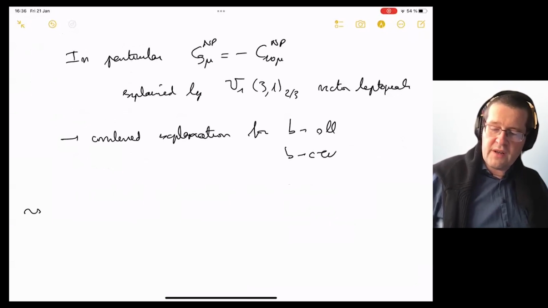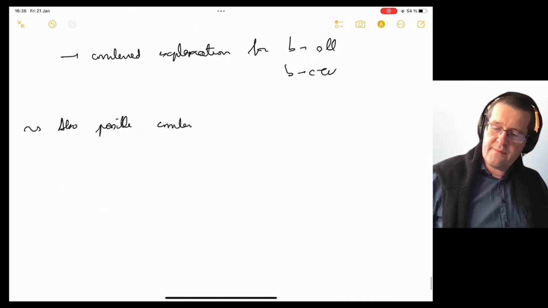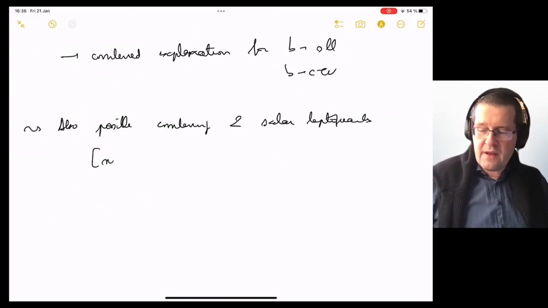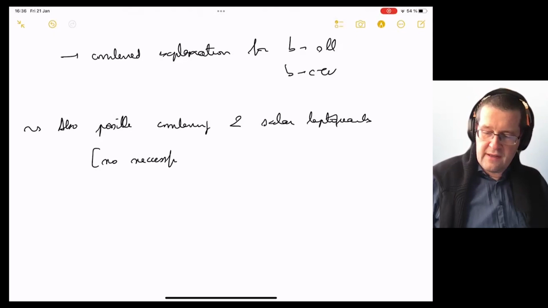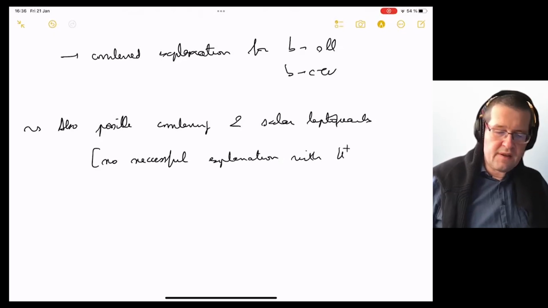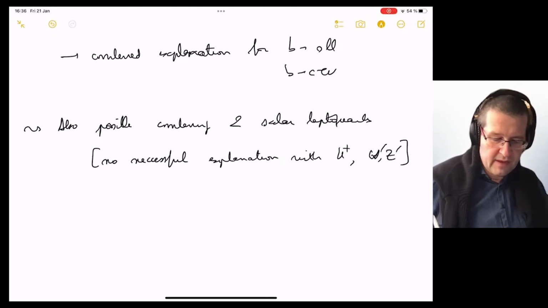Since we're looking at combined explanations, there are also other possibilities combining two scalar leptoquarks, and you have on the market several possibilities for this. I must say that exactly in line with what I said for B2C, there is no successful explanation with Higgs or W Z prime contributions.